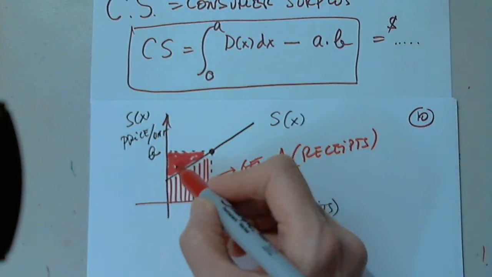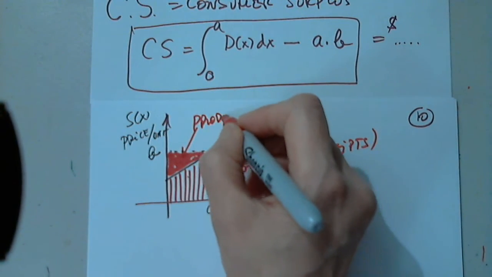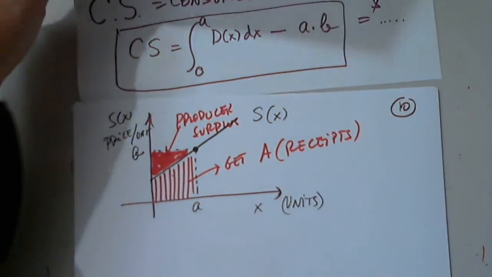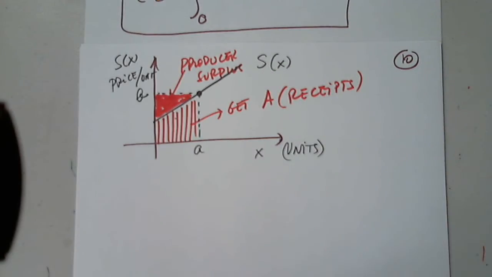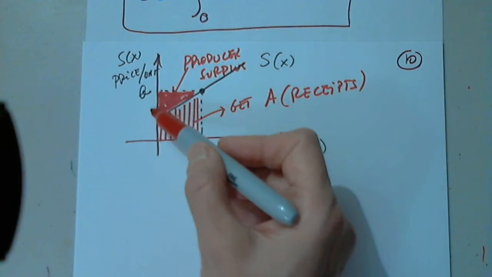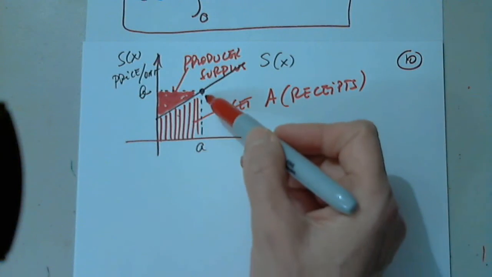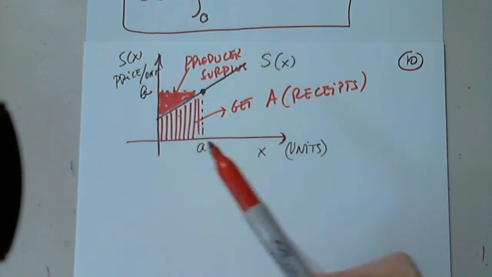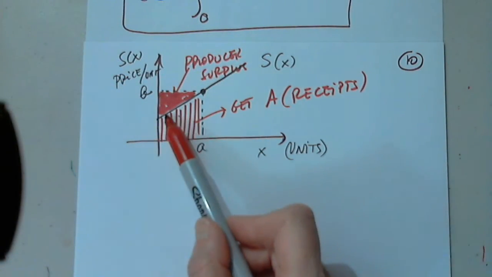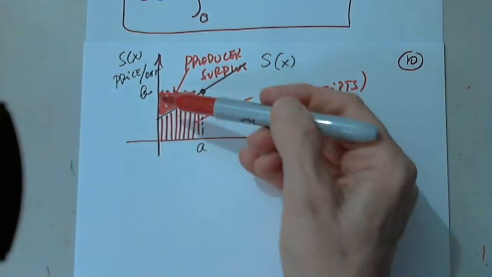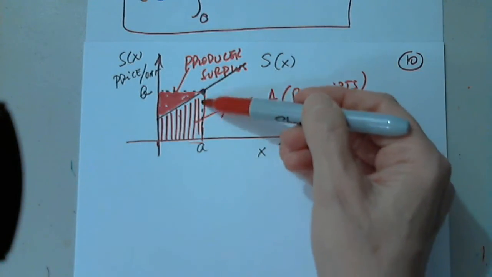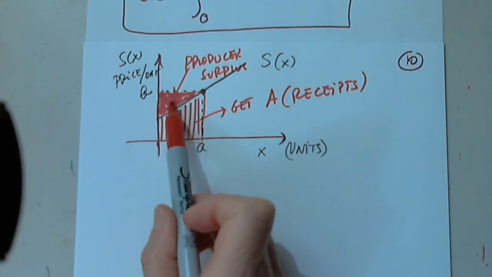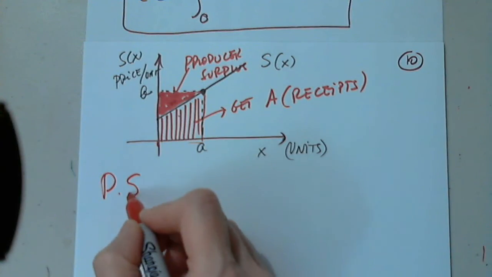They also get something extra. So they're selling us this. This is what we pay. But actually, the area that we should pay is a little bit less. This is what we should be paying, but we are paying this. So they enjoy something more than they are giving us. That's the producer surplus.